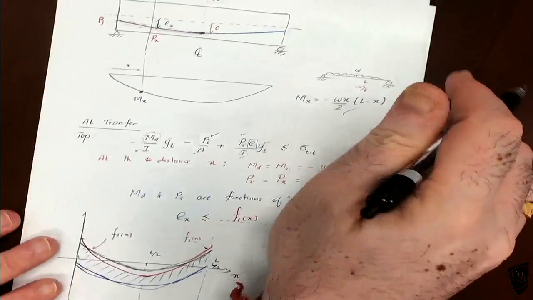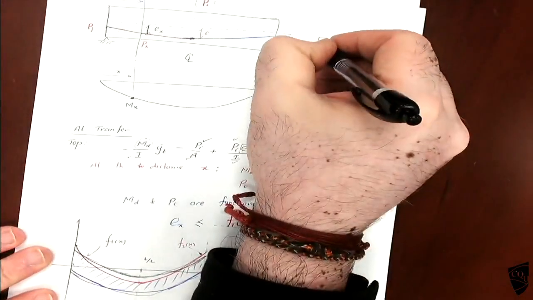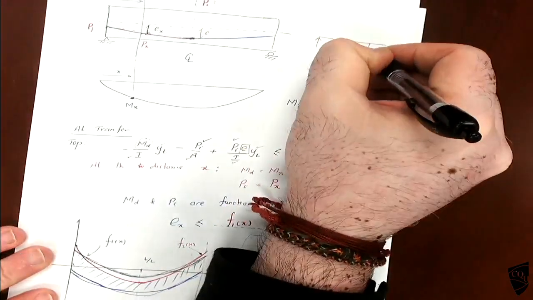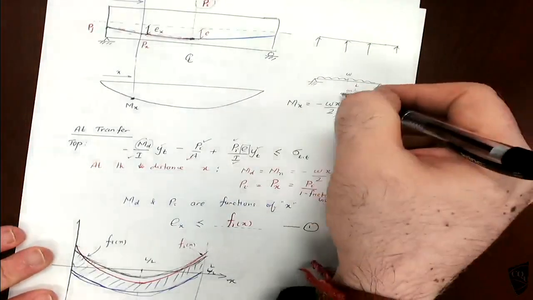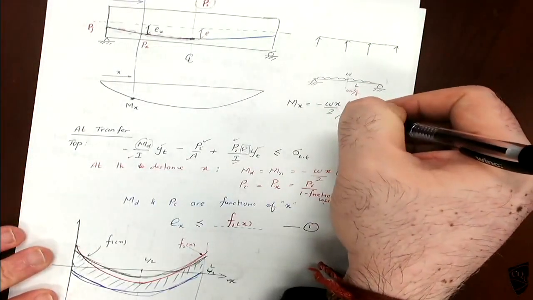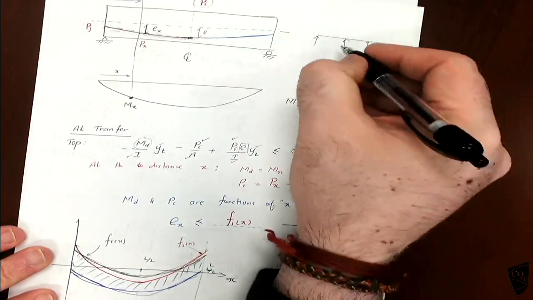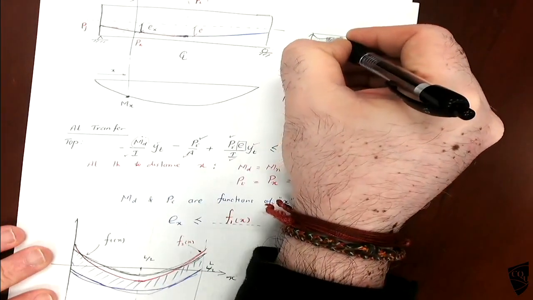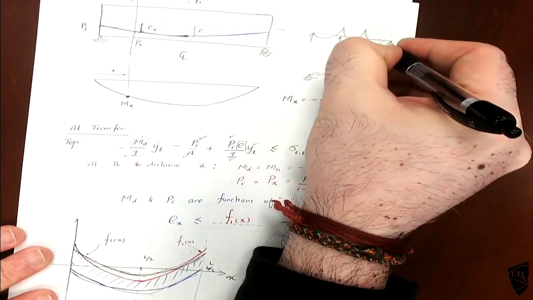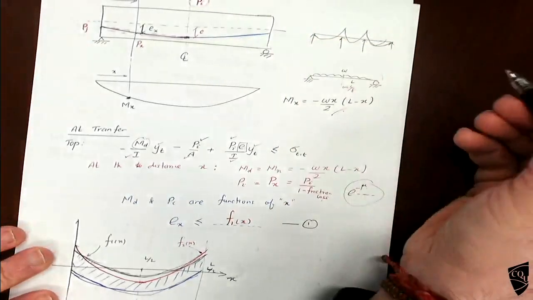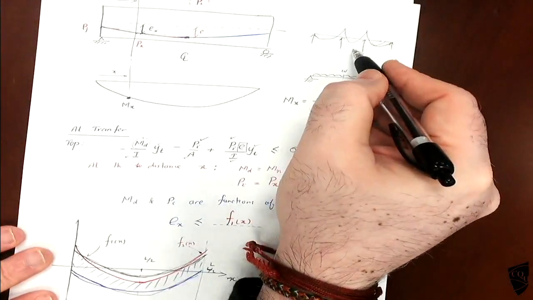Okay, but if it is something like this, what to do? You can't write the equation like this, isn't it? For this bending moment, the bending moment diagram will look like this, isn't it? Yeah, the bending moment diagram looks like this.